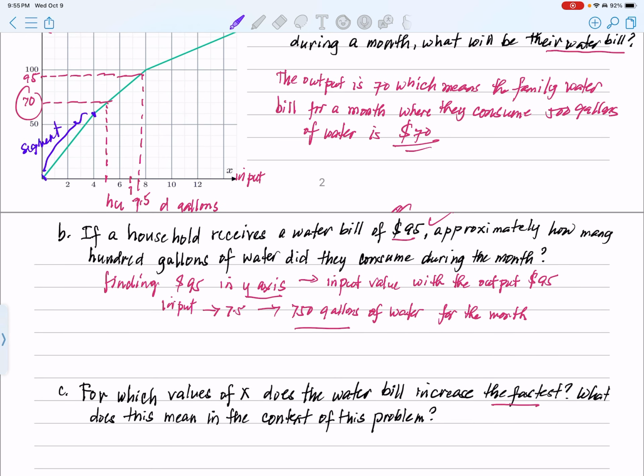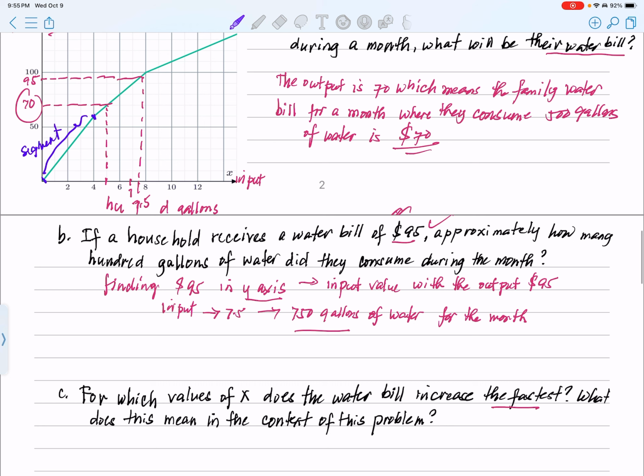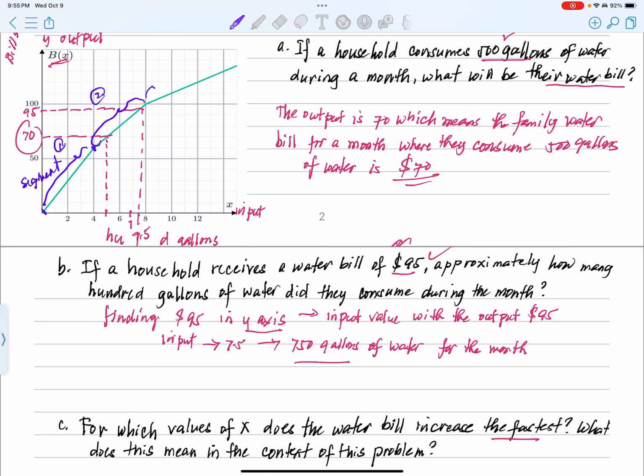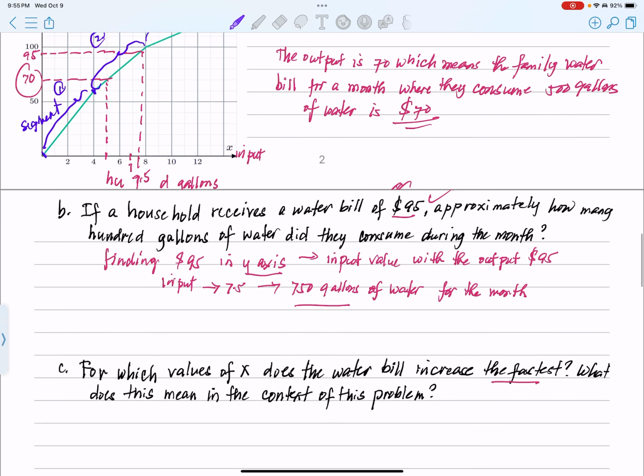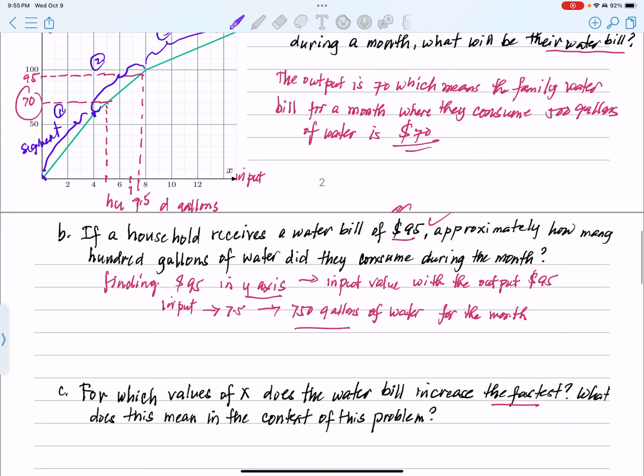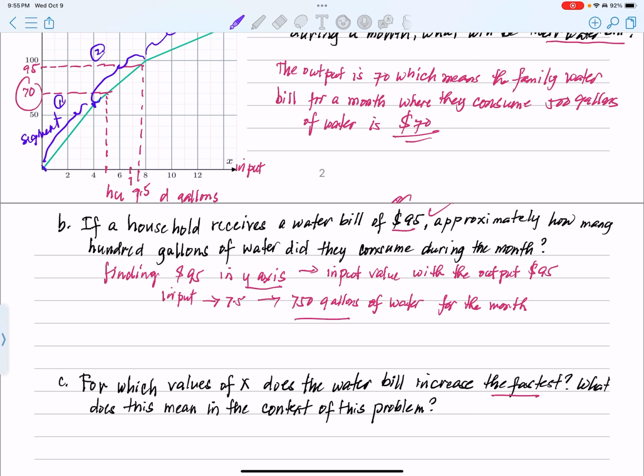So what do we have? And this is another segment right here. It is divided into segment 1, segment 2, and then this will be segment 3. Let's look at which values of x it moves the fastest. Okay.